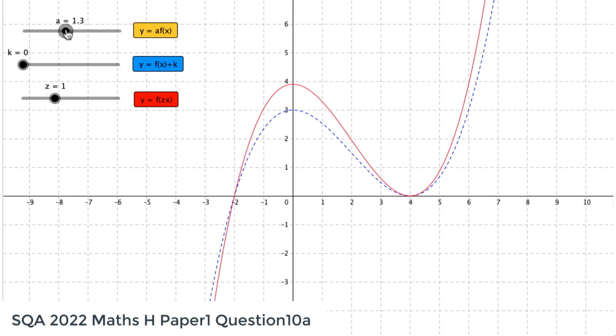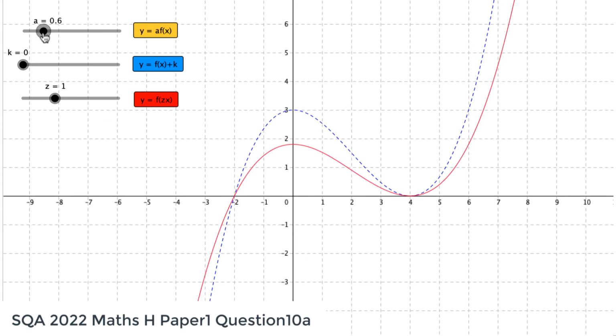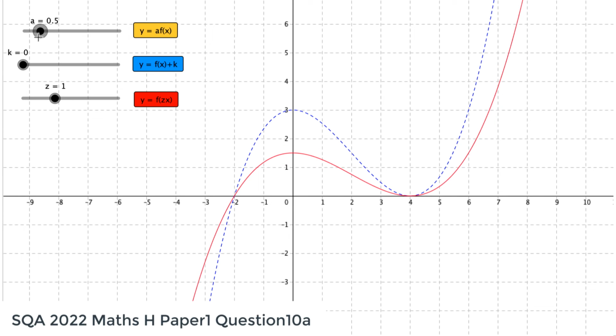Of course, if we go down and multiply the original f of x by 1/2, you can see where the heights used to be 3, they're now half of that, 1.5. And again, the heights, if they were on the x-axis, height of 0, they're still a height of 0.